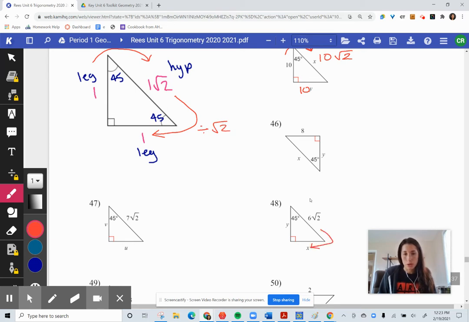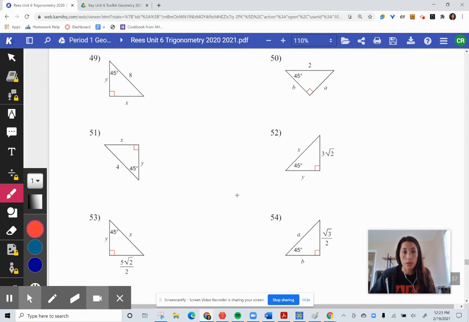So here, 6 square root 2 divided by square root 2. Any number divided by itself is just going to be 1, so that simplifies out. So this is going to be 6. And whatever x is, y is going to be the same value.